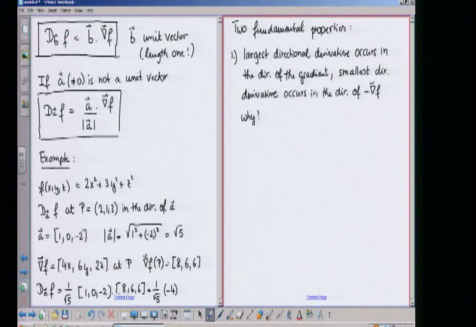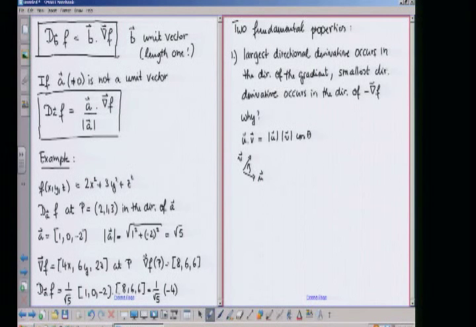If you look at the formula for the directional derivative, it's always given by a dot product, right? So if you look at the dot product of two vectors, u and v, right, you can also write this as the length of u times the length of v times the cosine of the angle between the two, right? I don't know if you remember this. We have two vectors, u and v, okay?